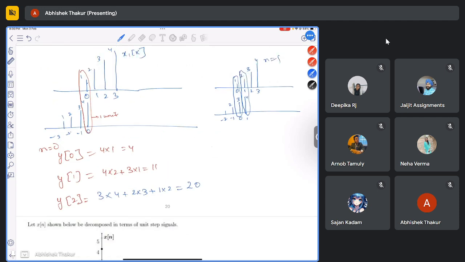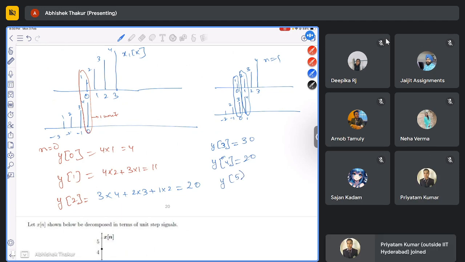For y[3], it will become 16 plus 9, 25 plus 4, 29 plus 1, 30. For y[4], again 12 plus 18 plus 2 is 20.